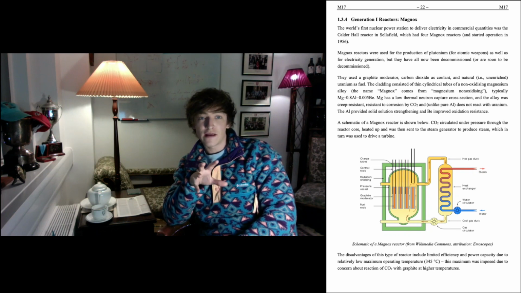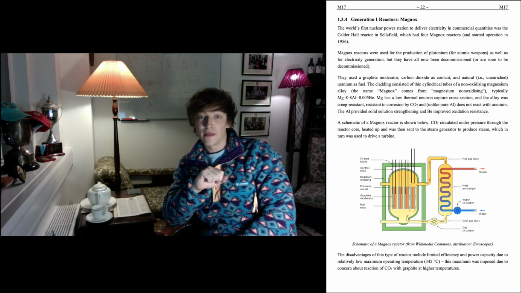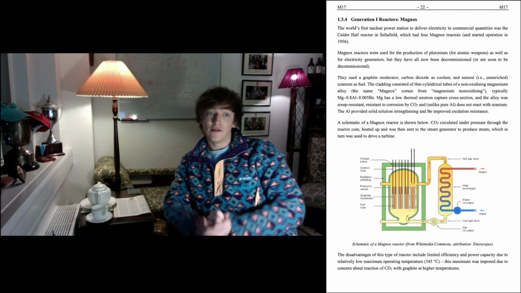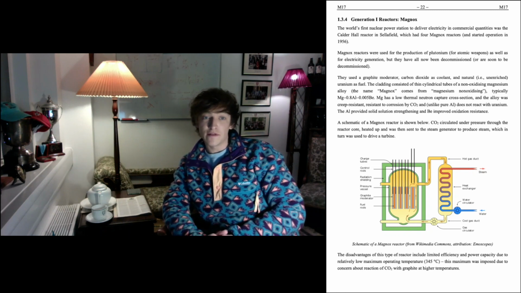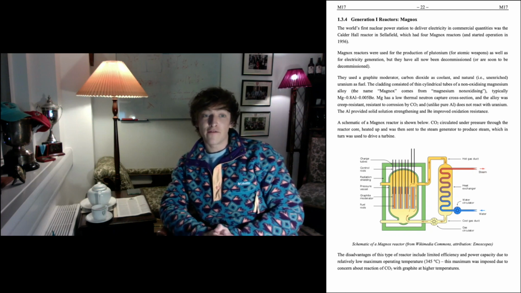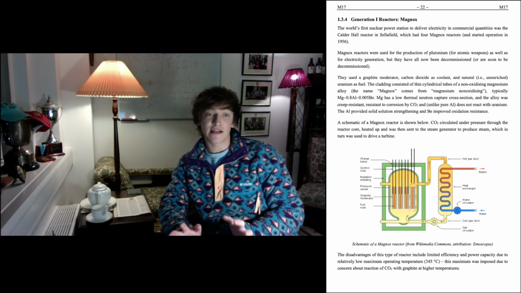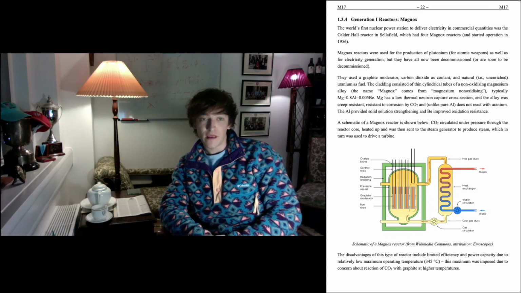So you've got the CO2, it allows the use of unenriched uranium because of that improvement in the neutron economy. And that was extremely useful in the UK's pursuit of nuclear weapons, because you didn't need to have enrichment facilities. You could produce plutonium using just natural unenriched uranium.